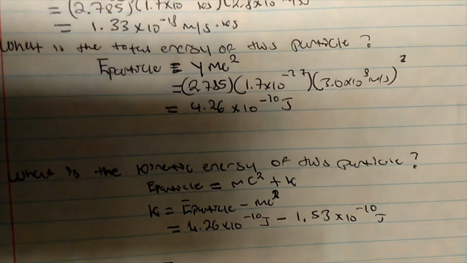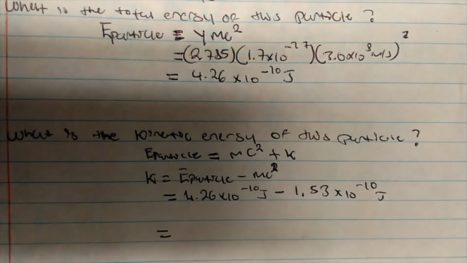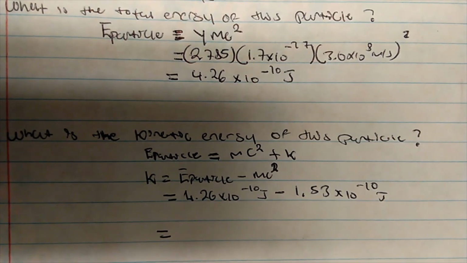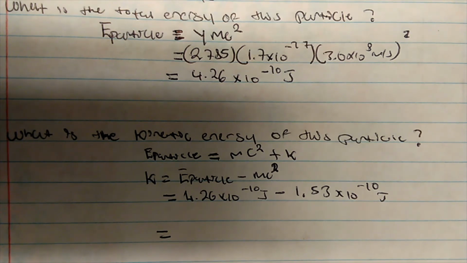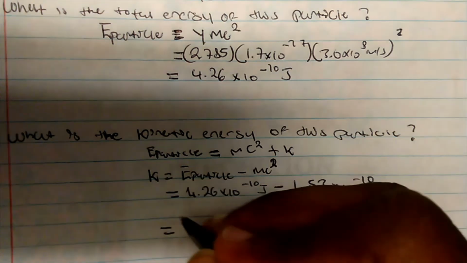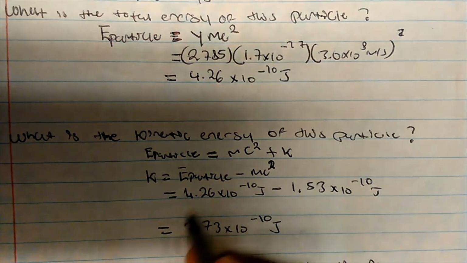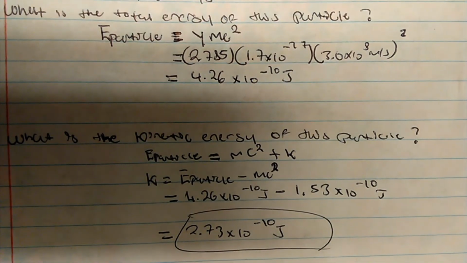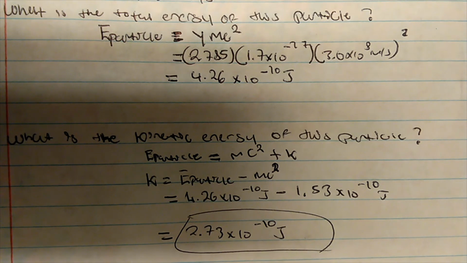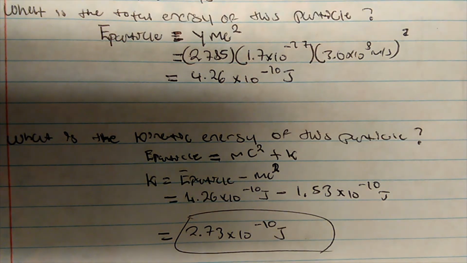And if I take 4.26 minus 1.53, I should get about 2.73 times 10 to the negative 10 joules. Okay, so this is how we relate kinetic energy, total energy, and rest energy all together.